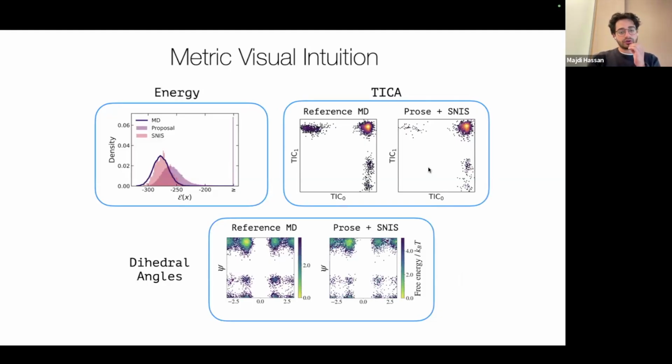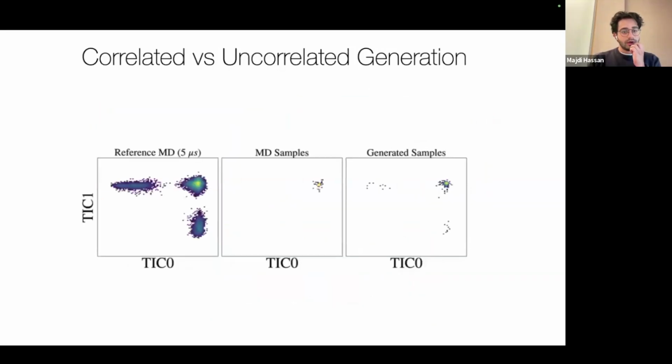And so you can see there are cases where the energy distributions are pretty well matched, but you are completely missing modes from your generative model, and vice versa. And this was generated for an octopeptide system, so this is quite nice.